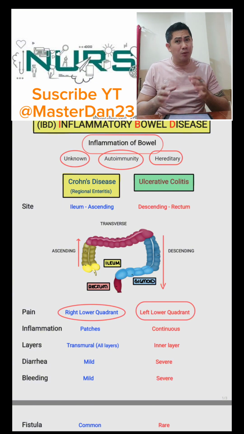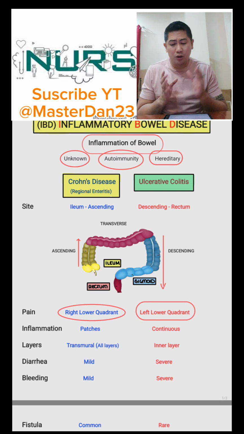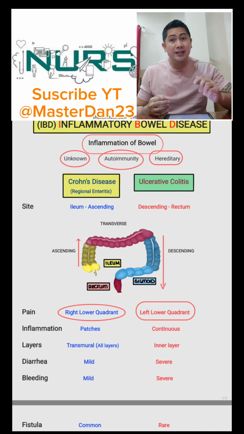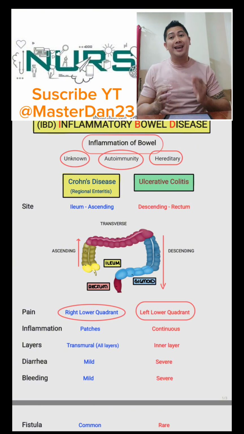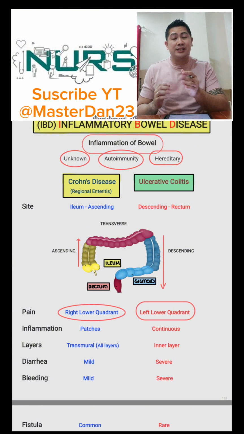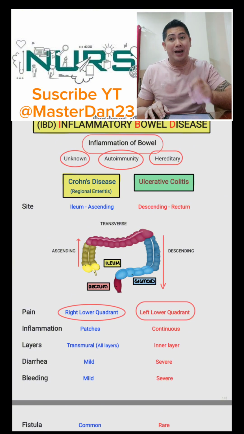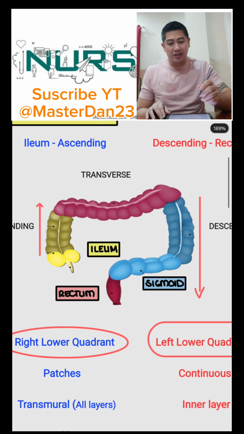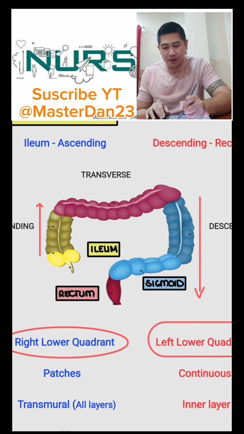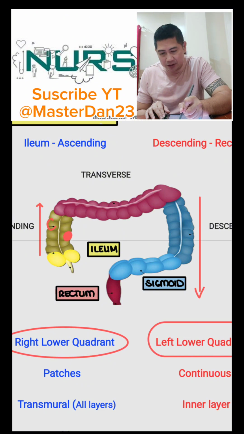One of the main differences: both of them have inflammation, right? One of the differences is the type of inflammation. For Crohn's disease, the type of inflammation is patches. What do you mean by patches? Look at the picture in front. If this is Crohn's disease, in one area there's inflammation, in this area there's inflammation, in this area there's inflammation.